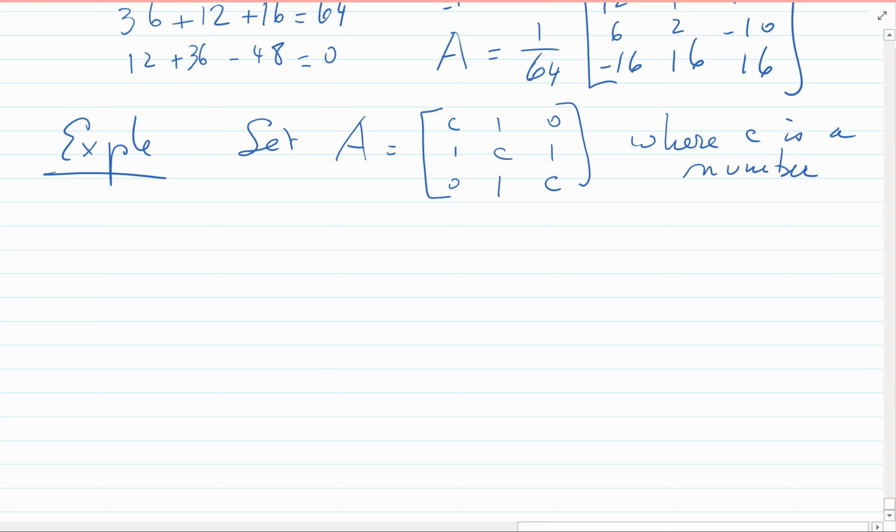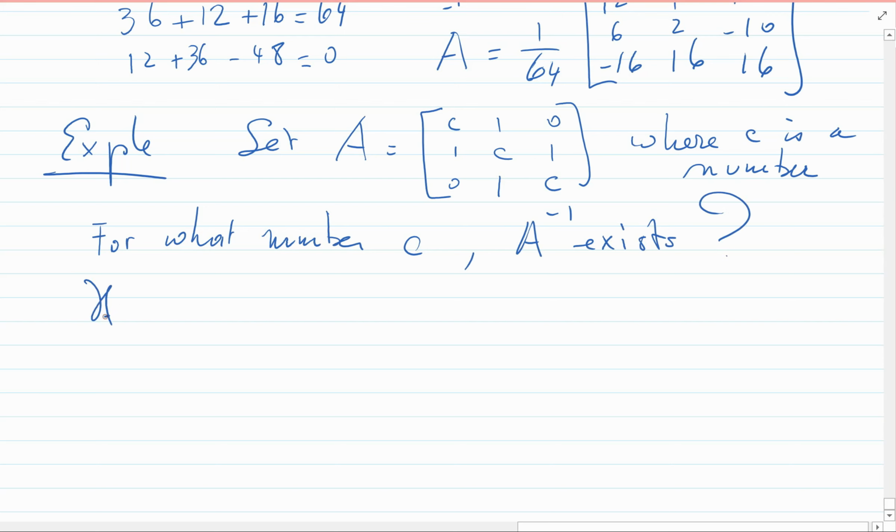For what number C does A inverse exist? In other words, for what C is A invertible? And if A inverse exists, find it.